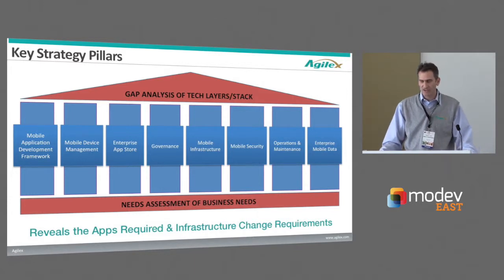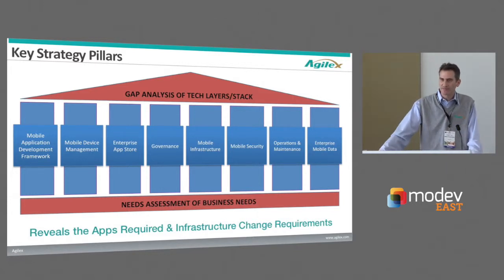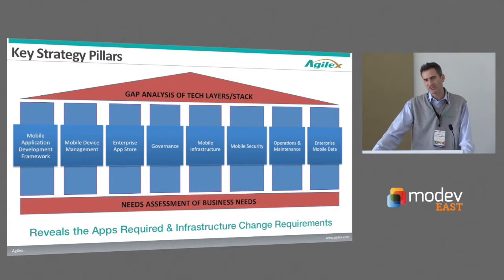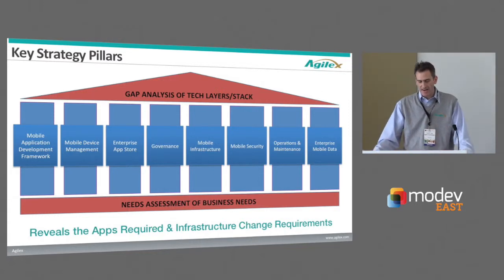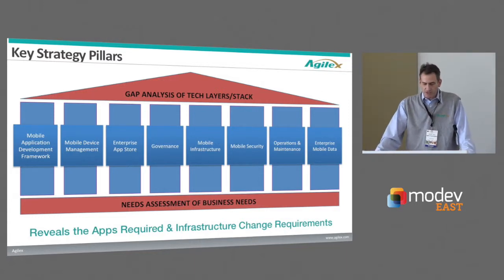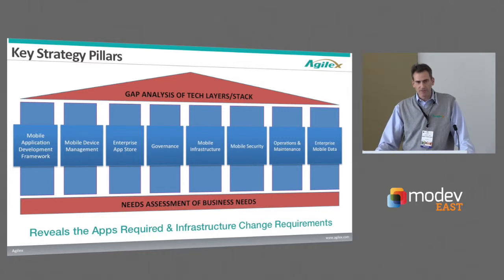And then secondly, there's a needs assessment, where you're understanding from the business what needs are out there that mobility can help solve and drive value. So you do those things in tandem, and out of that, you reveal the potential apps and these potential infrastructure change requirements.